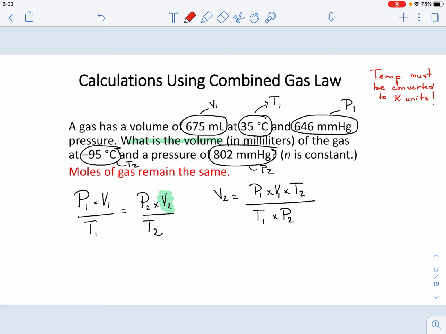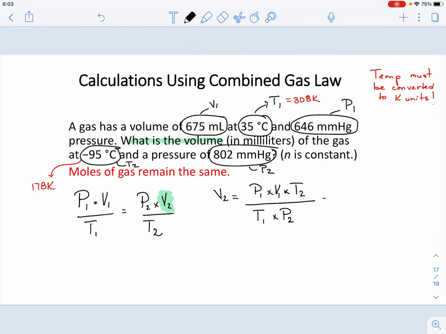Okay, so to do this, we're going to do 35 plus 273. So that means that this is 308 Kelvin. And then when we do negative 95 plus 273, that is going to be specifically 178 Kelvin. Now we're set up to do the problem.